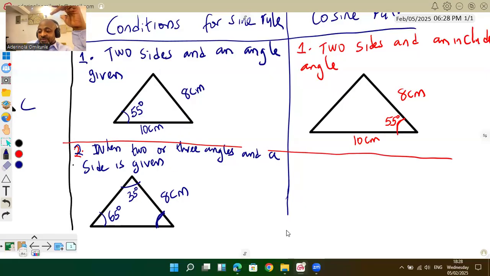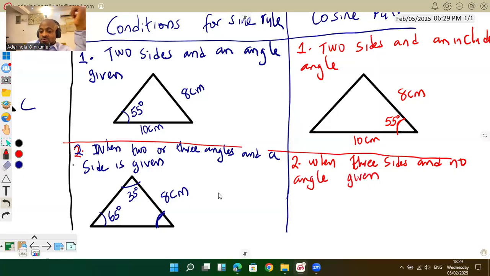Then what is the corresponding law in cosine rule? When you have three sides, and no angle given. That means you just have all the sides given. Then you have cosine rule. Okay, so again, let me just state an example.